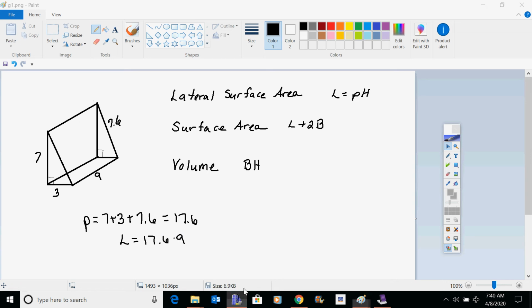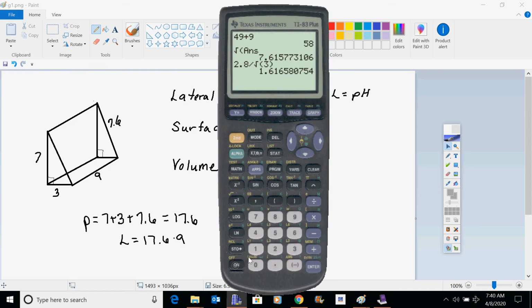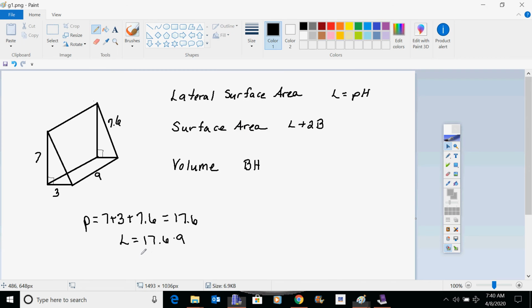And just really quickly, 17.6 times 9 is 158.4. Now I have no units on here, but if there were, it would be a square unit, so I'm just going to say 158.4 units squared.